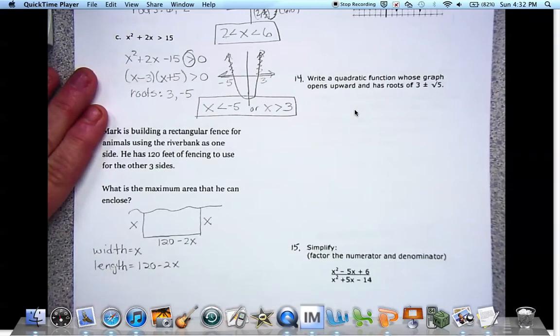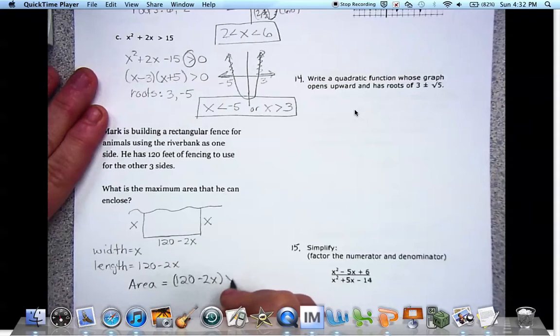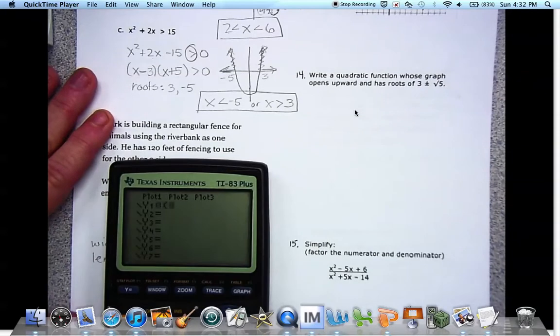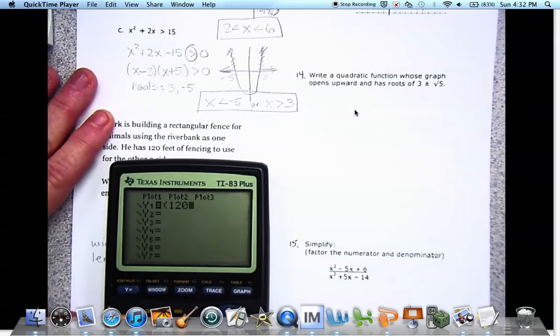So the equation for the area is the length times the width, or 120 minus 2x times x. And so that is what we're going to put in y equals 120 minus 2x, close your parentheses, times x. And then we'll graph that, and we may or may not be able to see it.